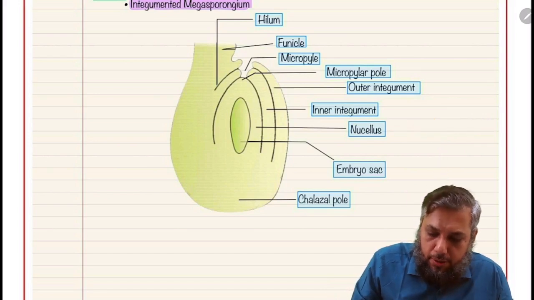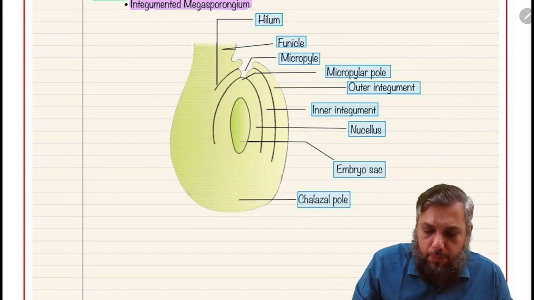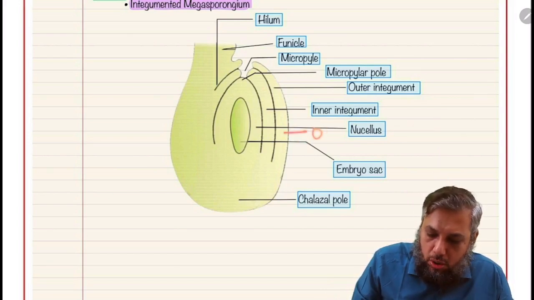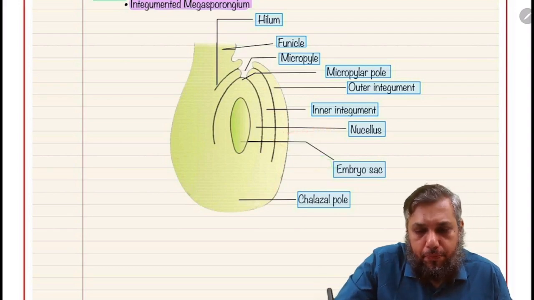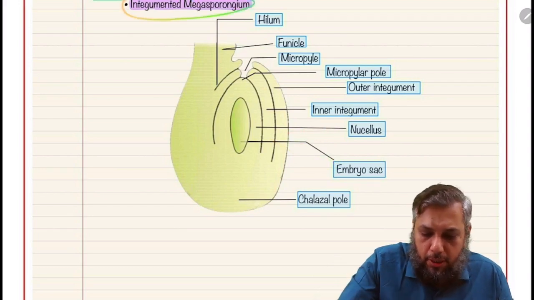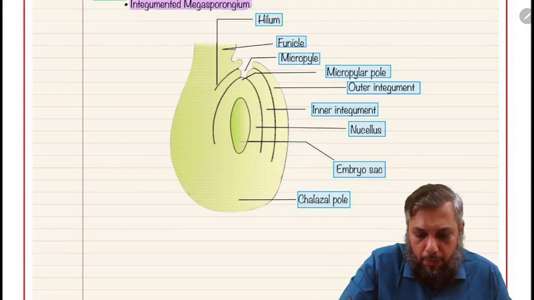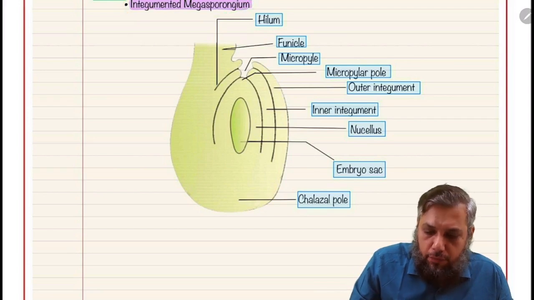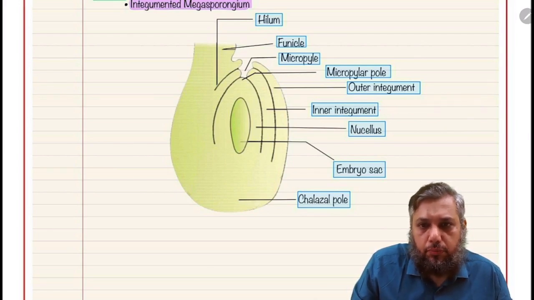It is surrounded by two protective coats, called the outer integument and the inner integument. So that is why the ovule is an integumented megasporangium. In the future, the outer integument will form the testa of the seed coat, and the inner integument will form the tegmen of the seed coat.